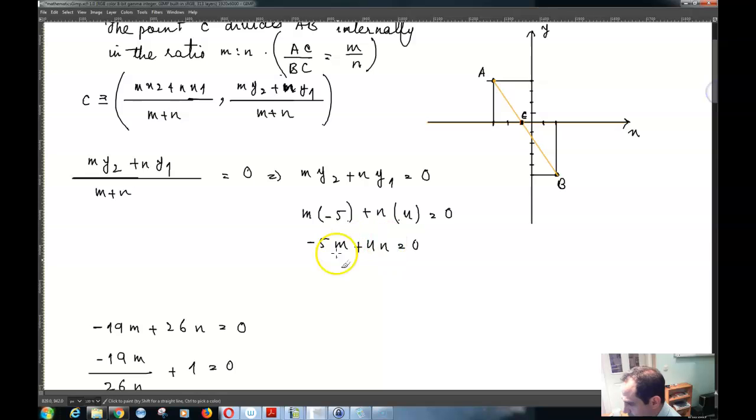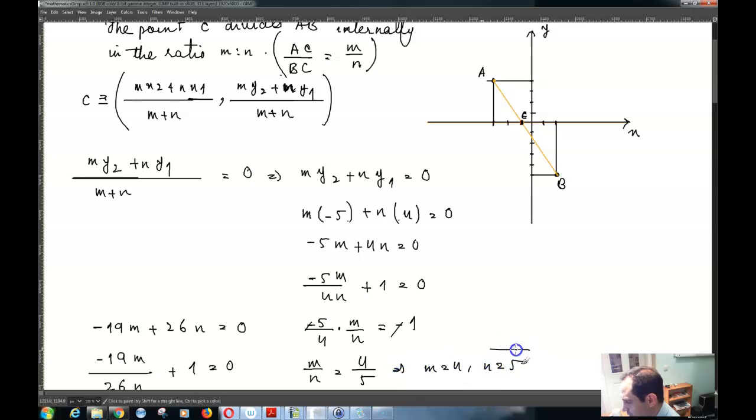And so I can divide this equation by 4n: 5m over 4n minus 1 is equal to 0. And so 5 to 4 times m to n is equal to 1. Simplify this, and then m to n is equal to 4 to 5. That means that m is equal to 4 and n is equal to 5. Much better than the solution that I used before.